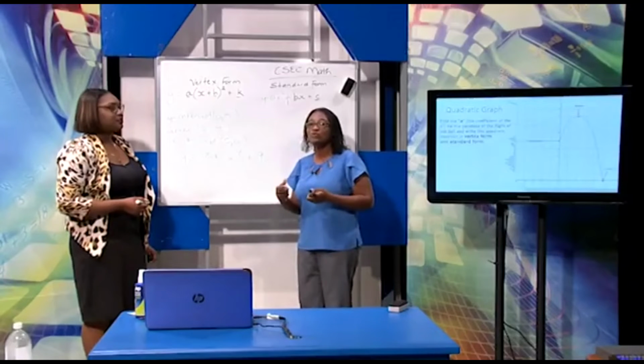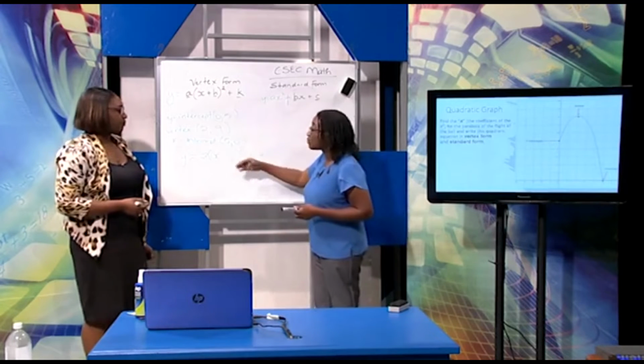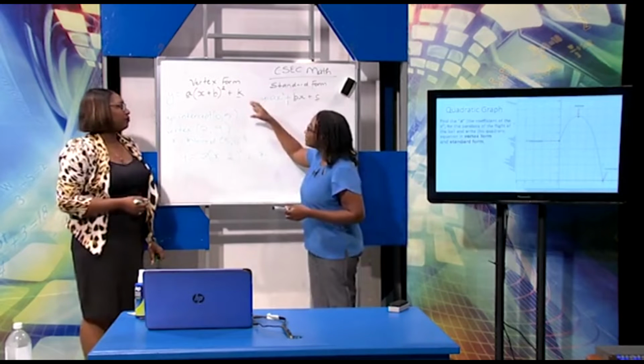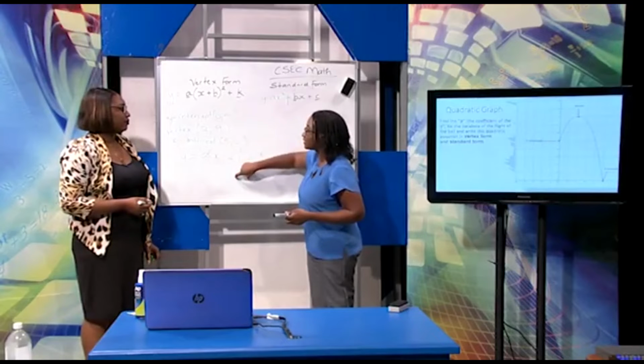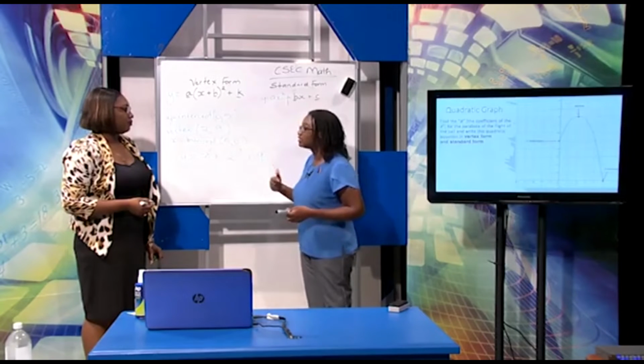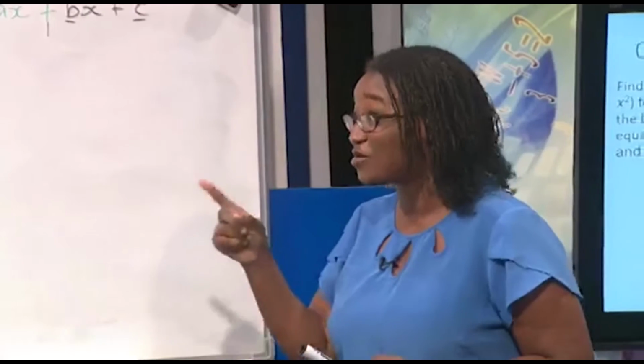So these are the 2 forms that we're accustomed to seeing on our CSEC examinations. Based on the information that we have, because we have our vertex in this situation, it's best to use the vertex form to find out what a is. Just to ensure our students are clear on what we're doing.